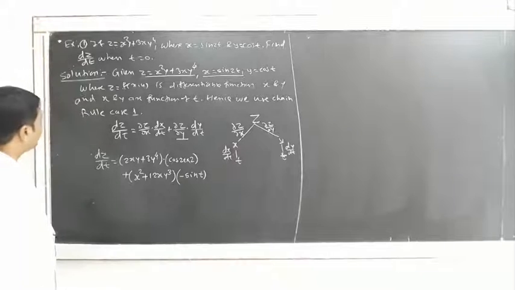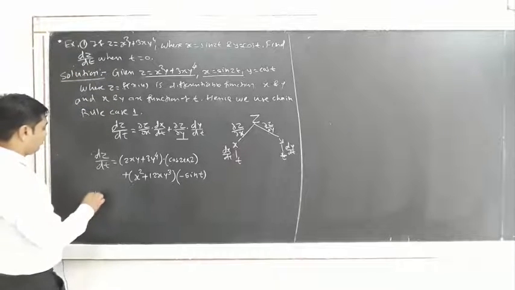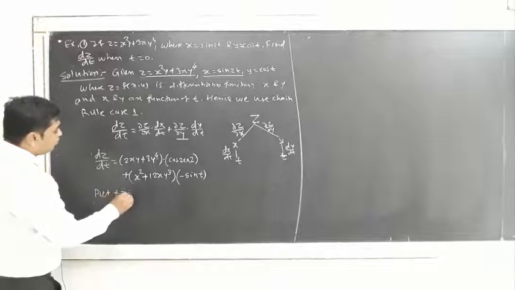Okay, now we have to find dz/dt at t equal to 0. So put t equal to 0.